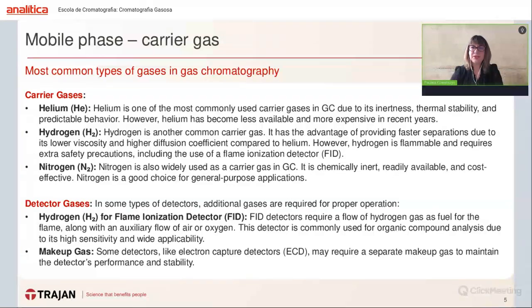Some other detectors, such as ECD or triple quad MS, can require the presence of a makeup gas or collision gas, and this we will call the makeup gas. And different gases can be used in this area as well.